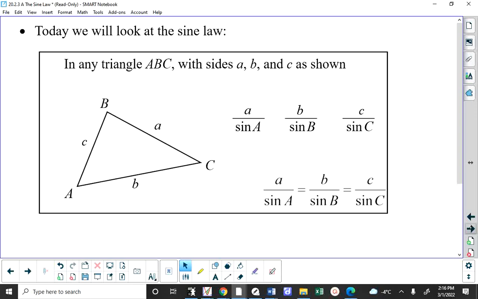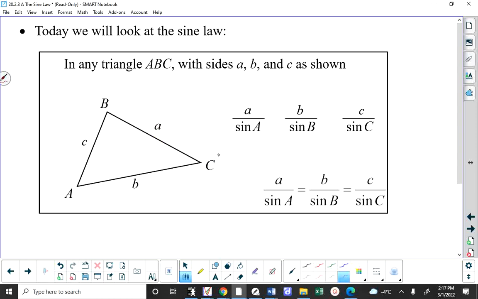I really don't like, but your textbook does it, calling this BC. I don't like that. I think that's clunky. What that side is side A, and the reason it's side A is because it's the side furthest away from angle A.